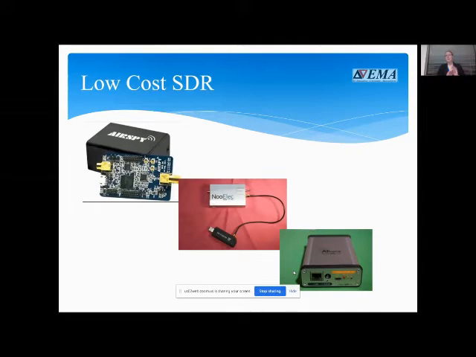I should say I'm not affiliated with Nooelec in any way. This is not meant to be an ad for them. It's really just that it was the one that was most appealing to me on Amazon because it came with some antennas and a nice antenna mount. But the actual NESDR Smart dongle is the part that plugs into the USB port of my computer. That is 2 inches by half an inch by half an inch.